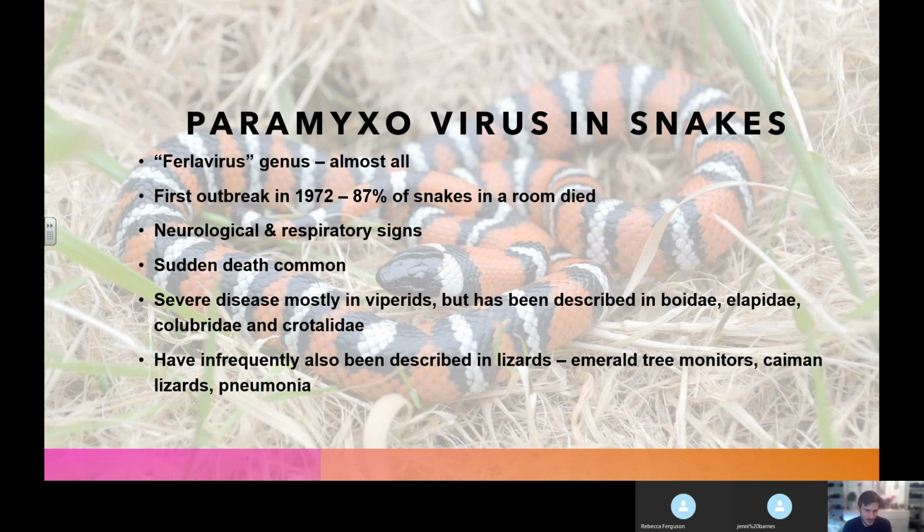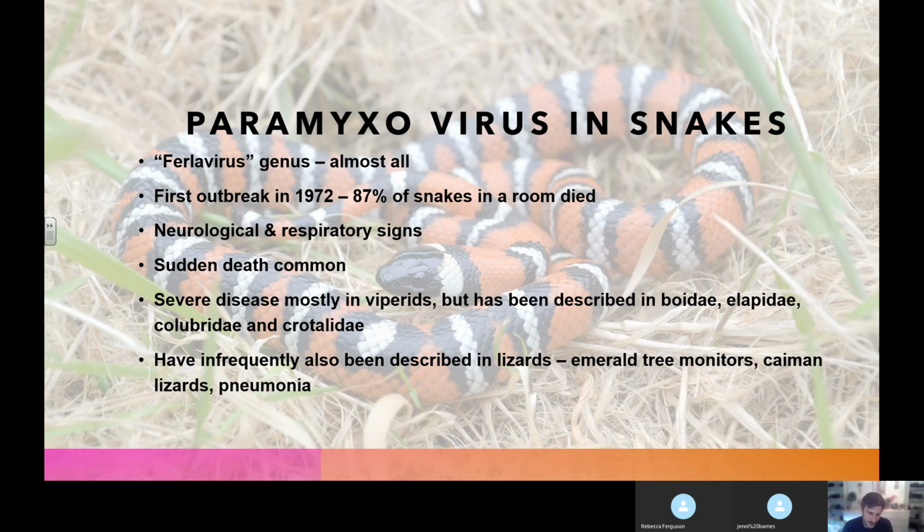A lot of those snakes were fer-de-lance vipers. So paramyxovirus is definitely associated with viperids in general. Whenever we've got mass mortality and neurological or respiratory signs in vipers, this is something we should always suspect. But it has been described in other snakes as well.